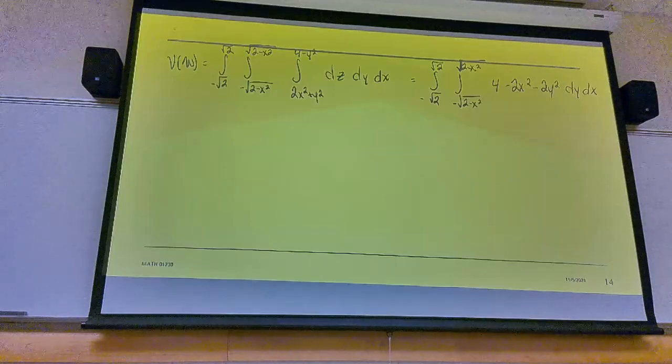You could set the lower bound to 0 and then double it. You could do either of them, you could do both of them, it would be two. So that would make it simpler. Simpler, but not simplest.